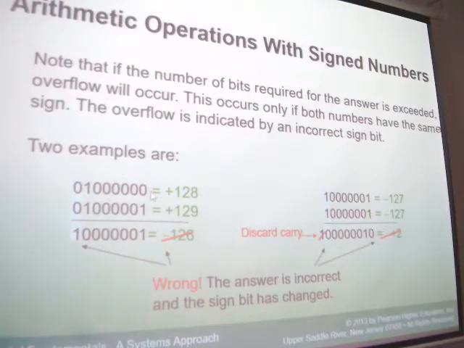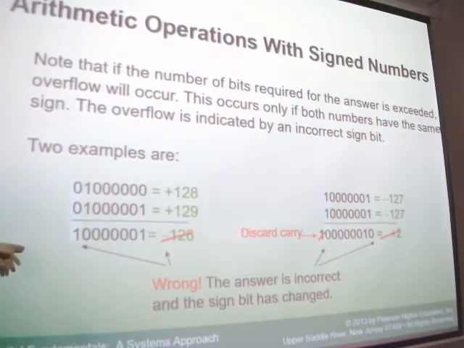So, how to find whether the answer is wrong? We can note the sign bit. If two positive numbers are added and the result is a negative number, then the result is wrong, is incorrect.